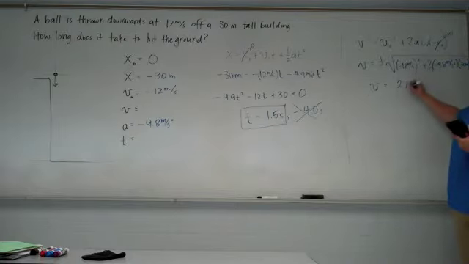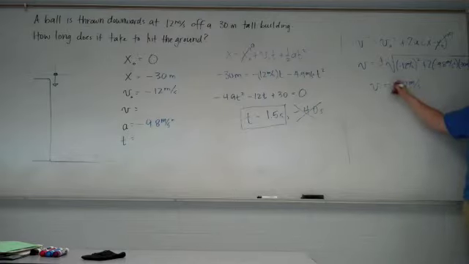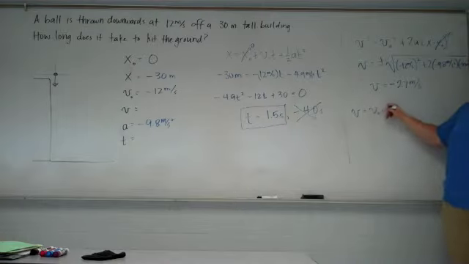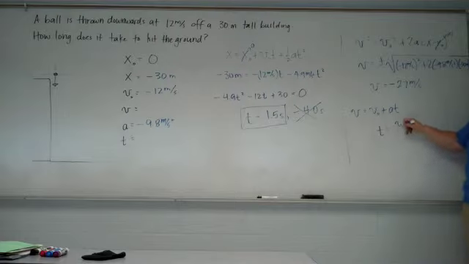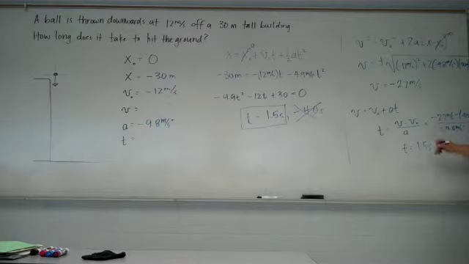So I get 27 meters per second. But it should be negative because it's headed down. And then you can use our equation with velocity and time. Which better be 1.5 seconds.